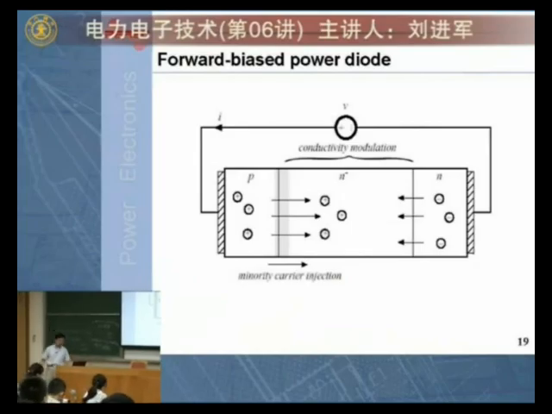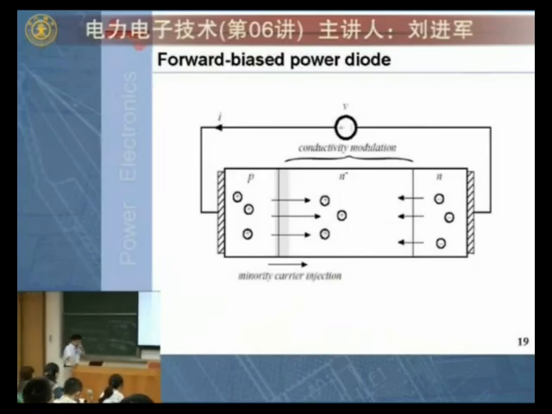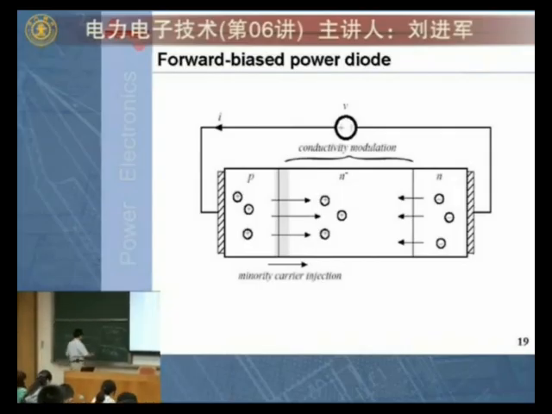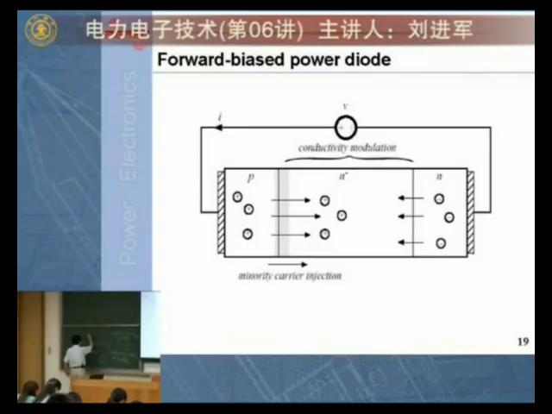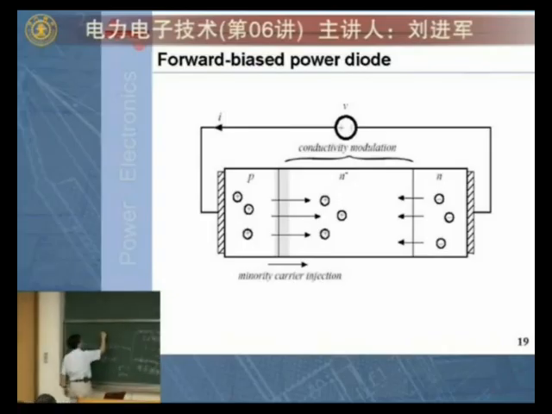There's an illustration in the following lecture notes showing when you are forward biased, when you apply forward direction voltage, it's also called forward bias.